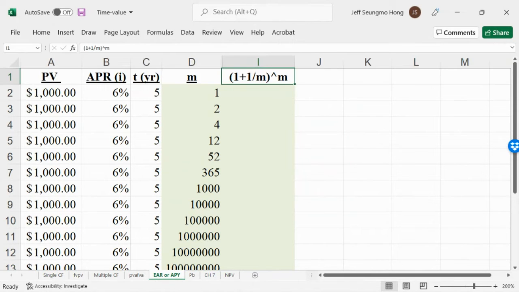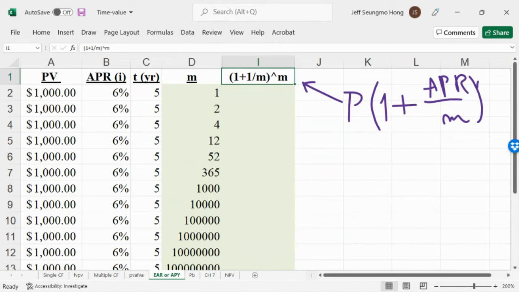This is what we already know, where we assume t is 1.